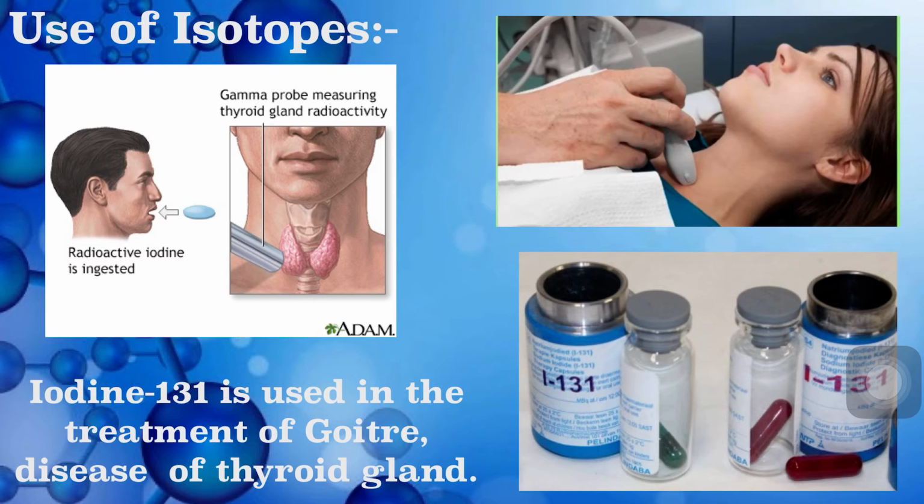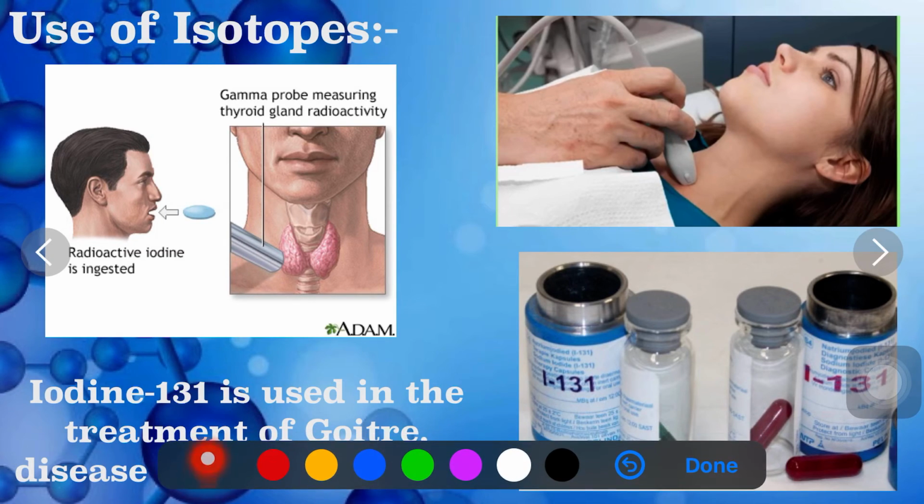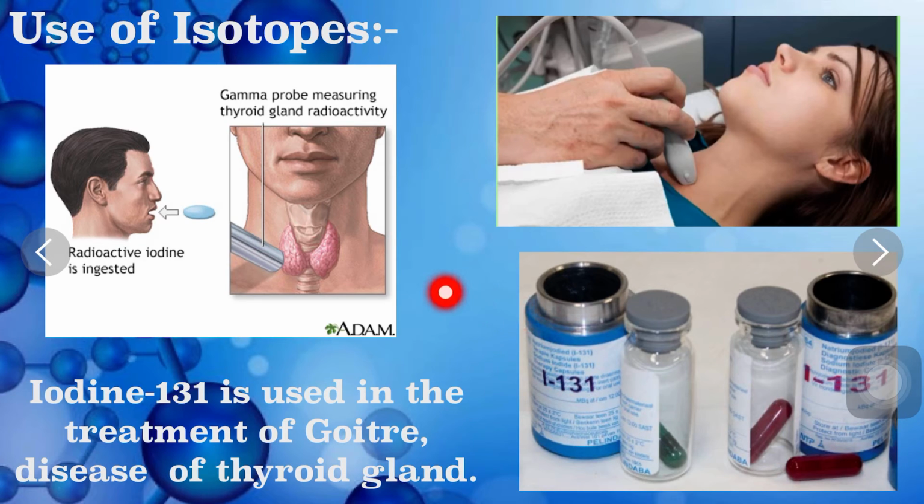Iodine 131 is used in the treatment of goiter, a disease of the thyroid gland. As you can see, student, a gamma probe is measuring the thyroid gland's radioactivity. It is measuring the size of a goiter, and then radioactive iodine is ingested, that is, it is taken in through the mouth.